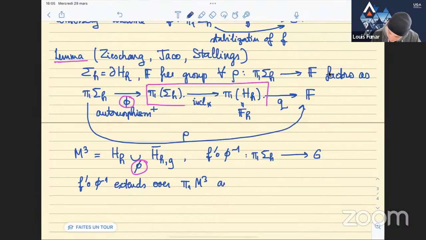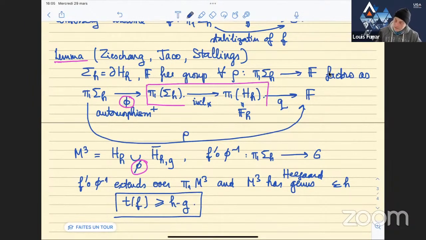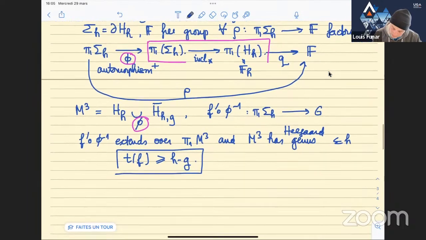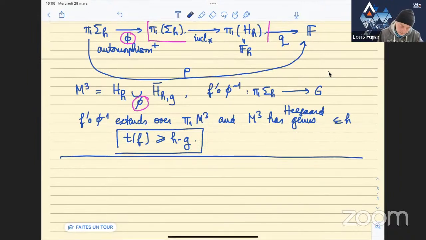And M free has Heegaard genus at most H. So actually, what we found is that T of F is bigger than or equal to H minus G. The number of stabilizations is at least H minus G. Then this is proving the other inequality, and is giving a short proof.